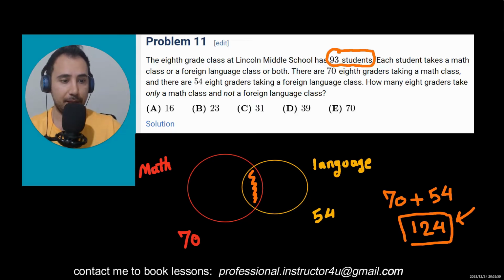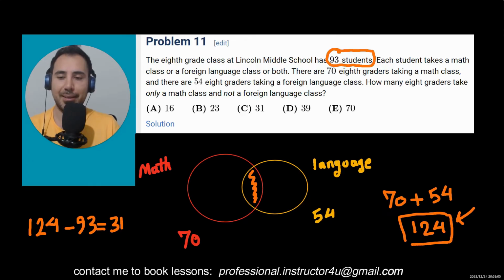We just have to subtract. 124, which we have, minus all the students, which is 93, is going to be 31. So these 31 people are exactly right in the middle over here.